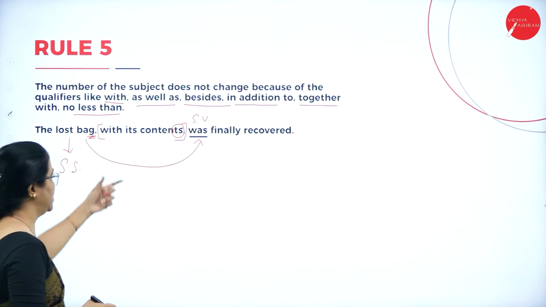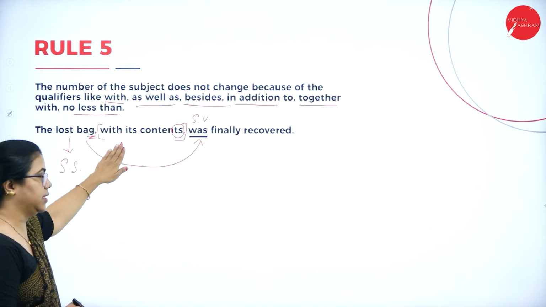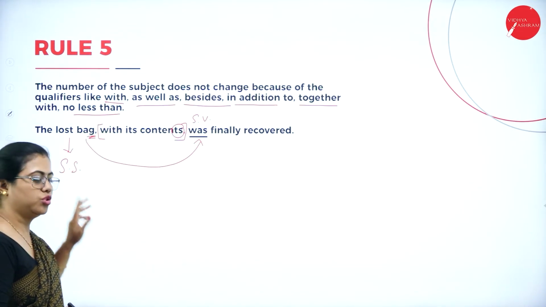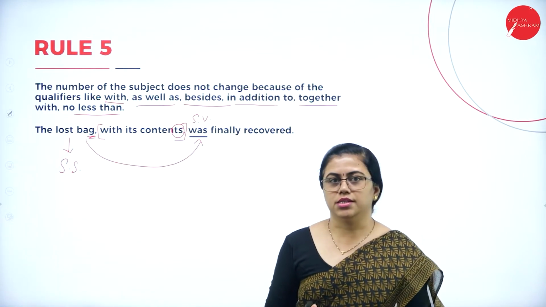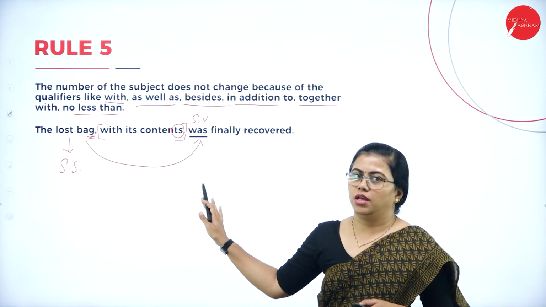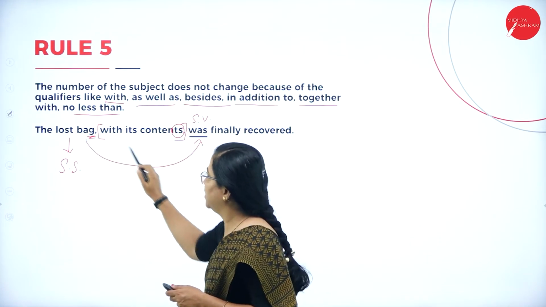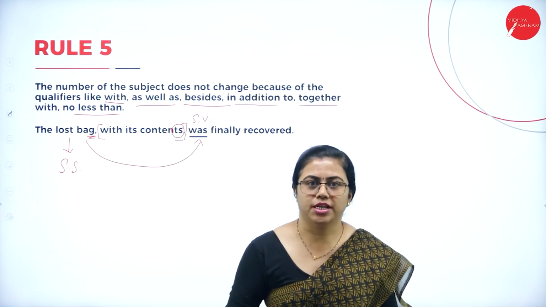Whatever is between the commas, or if words like these are there between the commas, you should not consider that. Whatever is the subject, only that has to be considered. Suppose the subject is plural, then you have to fill with a plural verb only. So this is not plural, but this is plural, and that doesn't affect the subject at all.